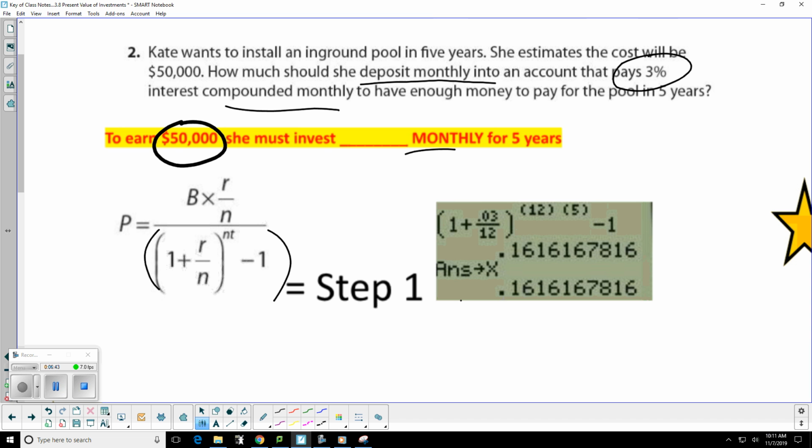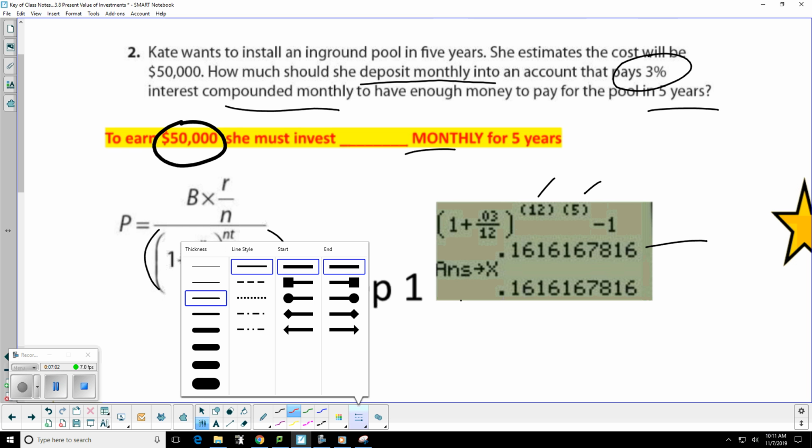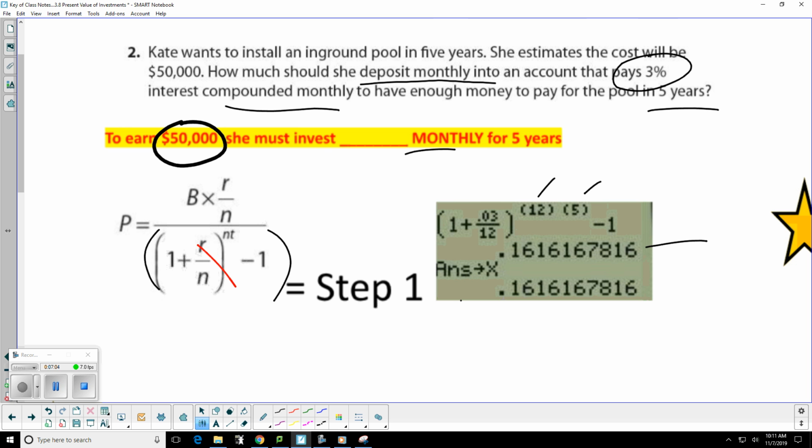And we're trying to do this for 5 years. So there's my 5, there's my 12. I have to subtract that parentheses from 1, and I get this value under X. So everything in the denominator now I can express as X, and that's this term here.